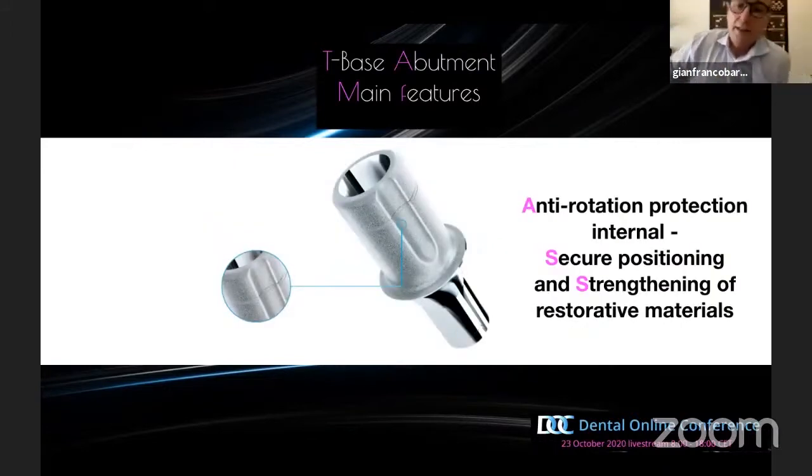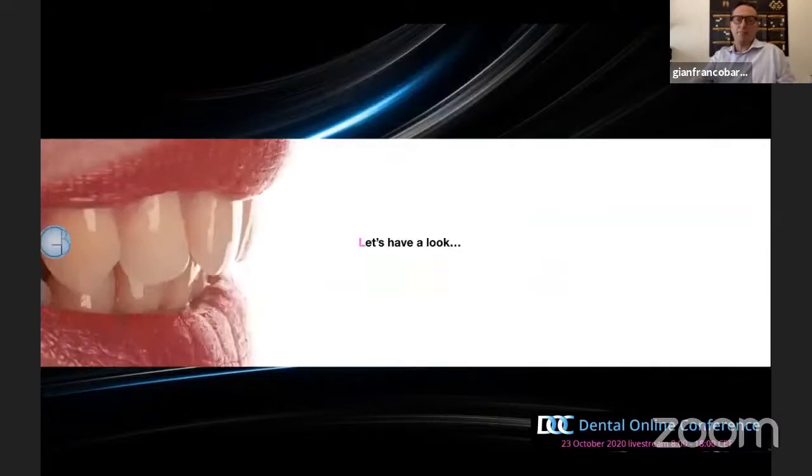Another important thing is the anti-rotation spot, which must assure us anti-rotation and stability during the cementation of the restoration, and when the load is put on our restoration. Another feature can be the surface, which can be sandblasted in different ways, but the main ones are these.